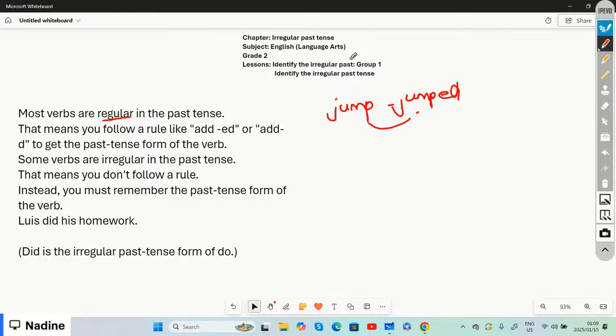So jumped. And all we did was we added an ed. It's the same like saying I watched a movie. So watched, and the letters ed are added to the word to show the past tense.